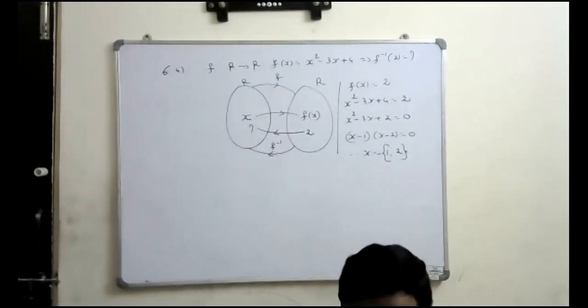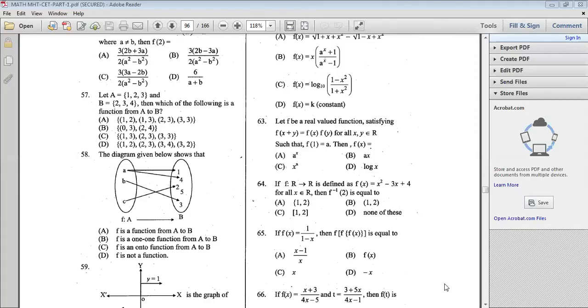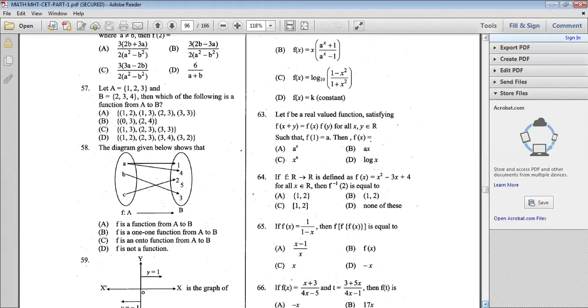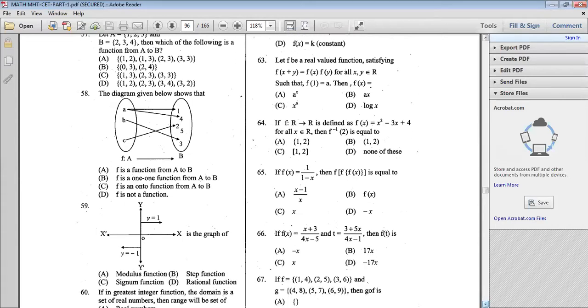Next, look at the next problem. Look at the 65th problem. f of x is given as 1 upon 1 minus x. Then what is f of f of x? Observe this problem.